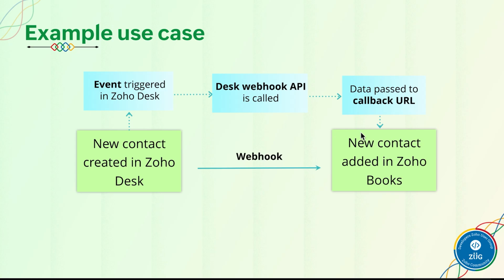From there, the incoming data is handled by an incoming webhooks function within the Zoho Books extension, which processes the payload and creates a corresponding contact inside Zoho Books. So essentially, the webhook acts as a bridge that keeps the contact data in sync between Zoho Desk and Zoho Books without any manual intervention.